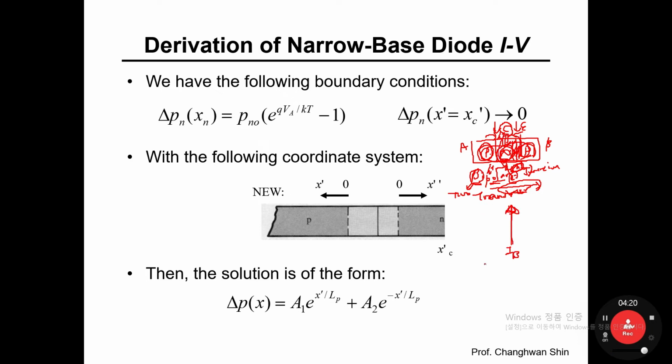Let me redraw the PNP again here. The hole is now traveling from the left-hand side P to the right-hand side P, and this travel is blocked and controlled by how many electrons are supplied for the recombination event.